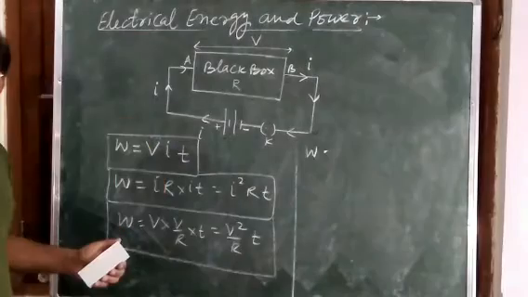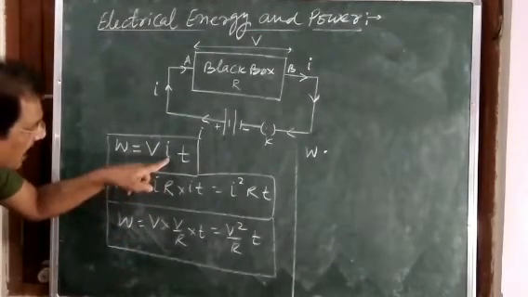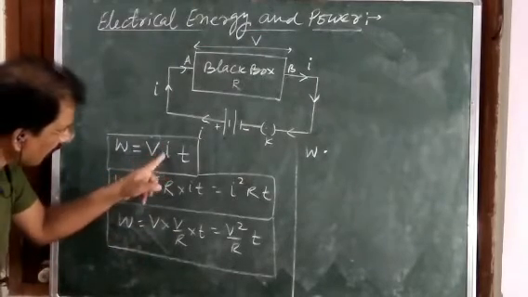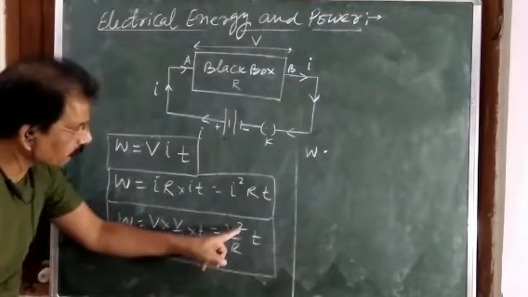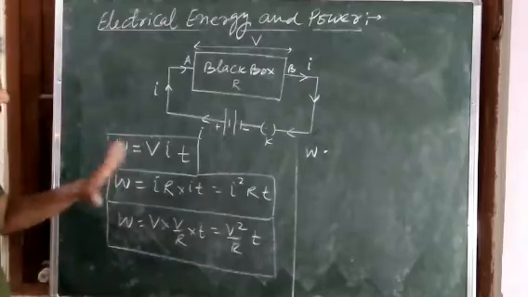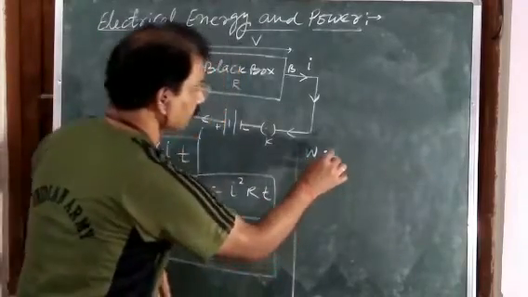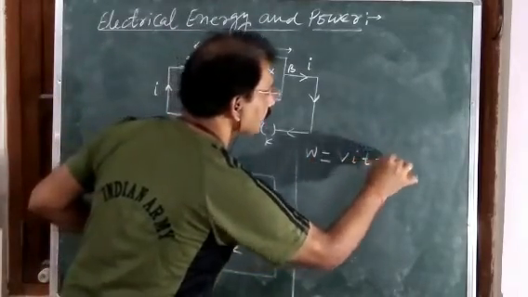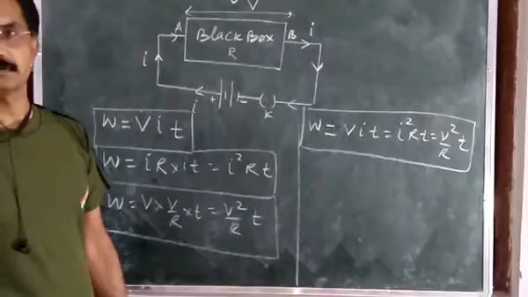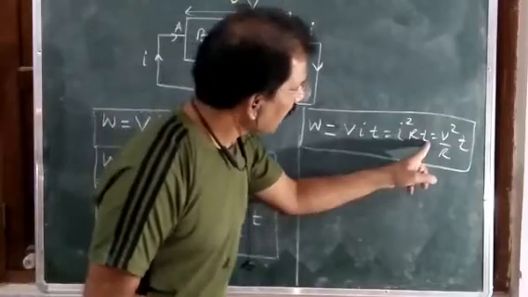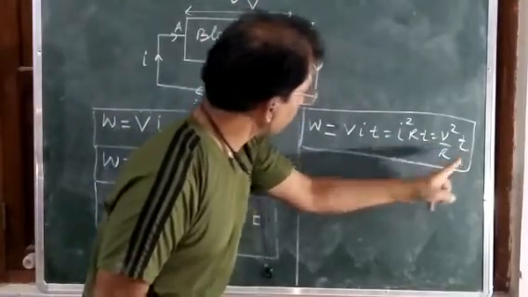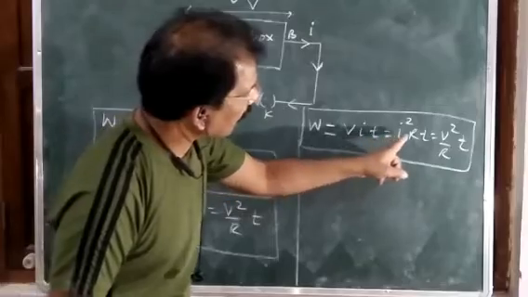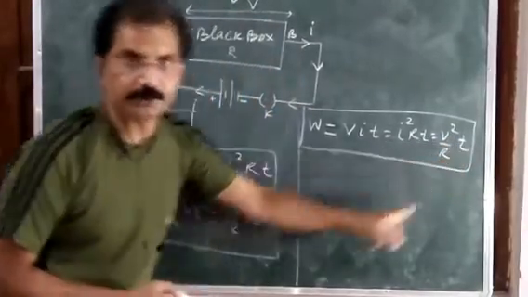And also we can take, in place of I, V by R. So the same relation, W becomes W is equal to V, and in place of I we can write V by R, into T. So this becomes V square by R into T. It means the electrical energy in any electrical circuit is calculated by W is equal to either VIT, or I square RT, or V square by R into T.